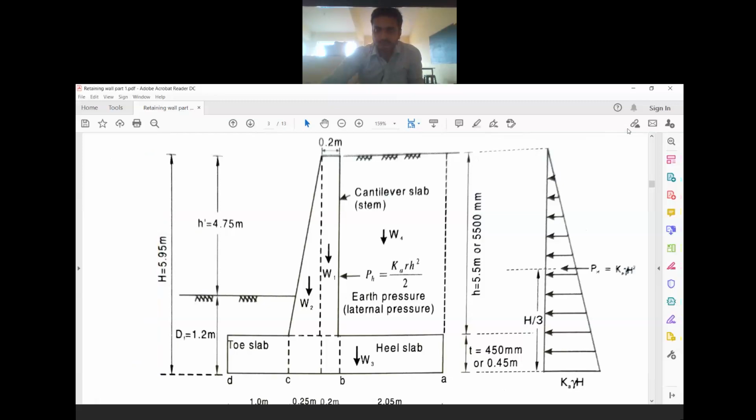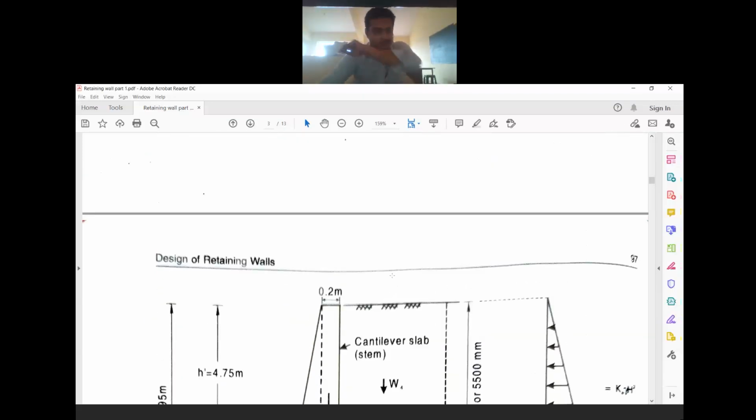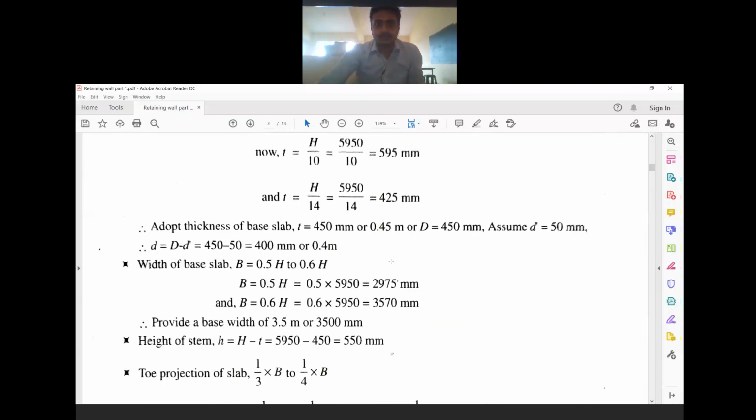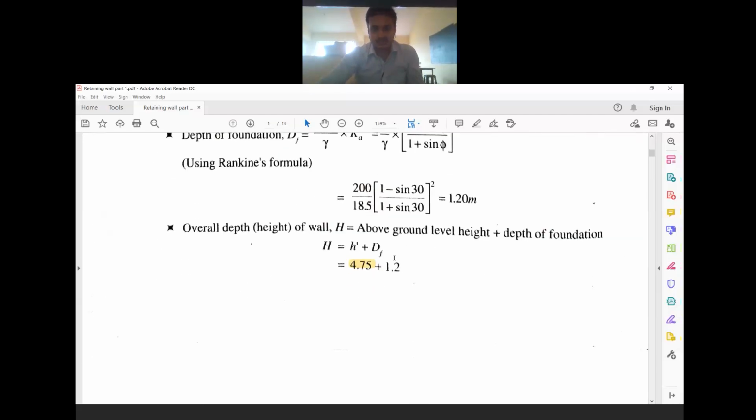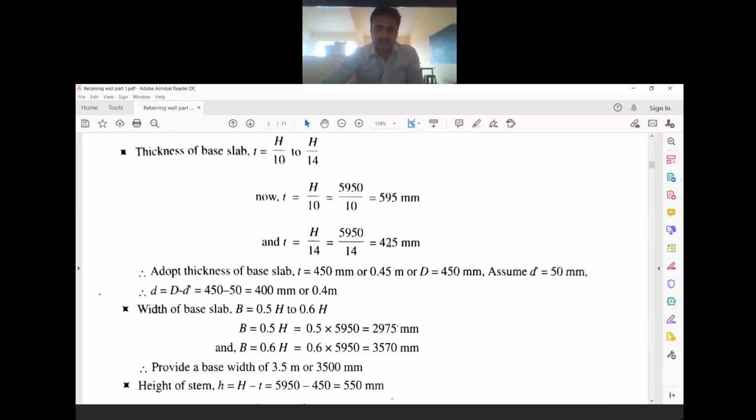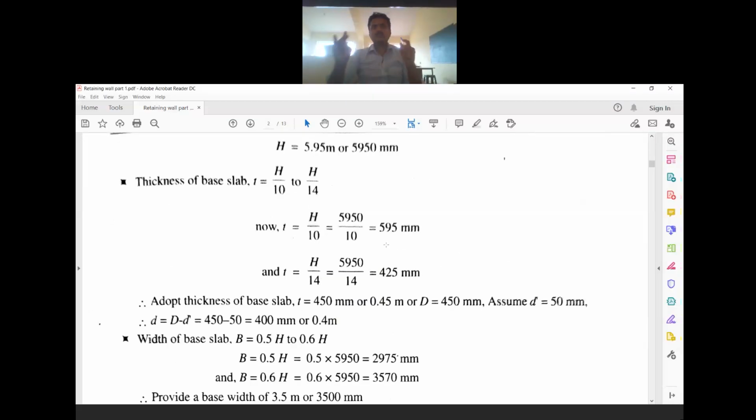Now what we need to find is the height of the stem. As I mentioned at the beginning, we will be designing the stem portion, toe portion and heel portion. Toe and heel together we call the base slab. So we have to know the dimensions of the base slab.